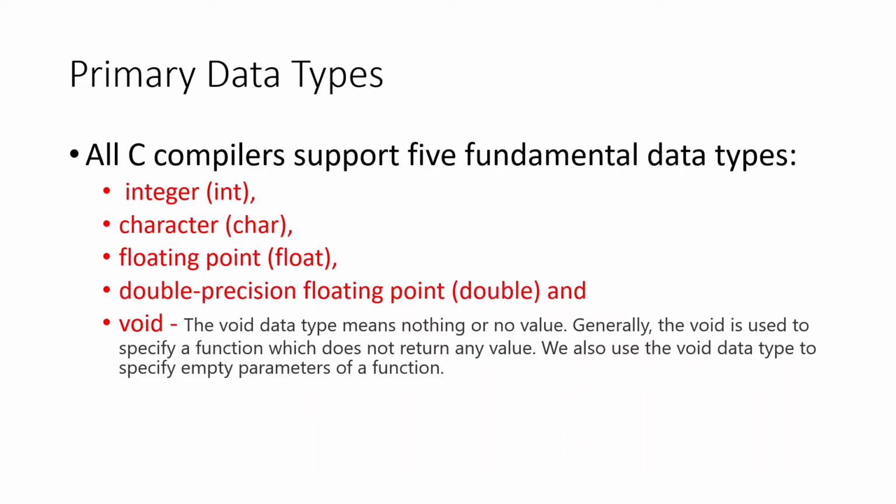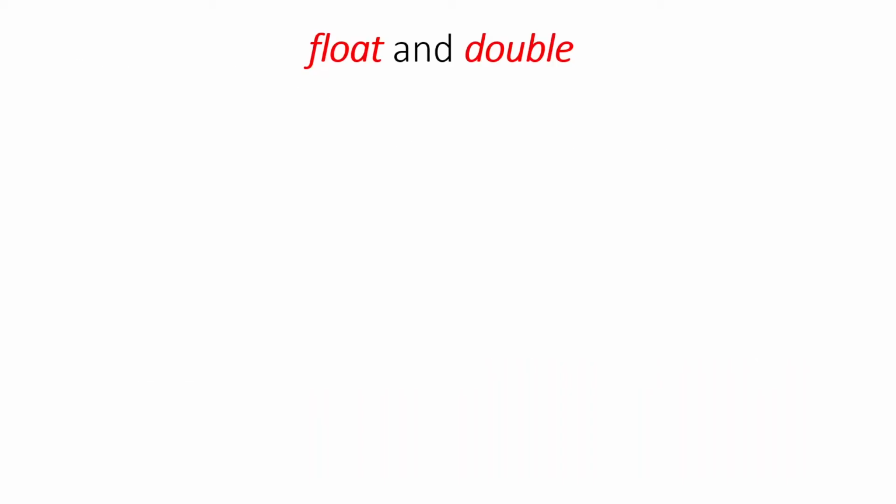So in that case, if there are no arguments, then also to represent that there are no arguments, you can use void. So void simply means nothing or no value. So these are the five fundamental data types: integer, character, floating point, double precision floating point, in short called double itself, and void.